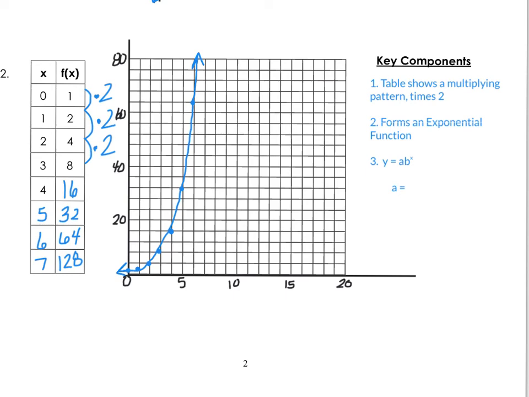A, remember, like I said, is the initial value, so when no time has passed, so my 0, the y-intercept is 1, so my initial value is 1. And then the growth factor here, since it's going up, is 2, that's my growth factor rate there, so the b is 2, and then I can fill those values into my equation to write the equation of an exponential. So y equals 1 for the a times 2 for the b raised to the x power for the variable there. So that's my equation, and that represents this exponential function.